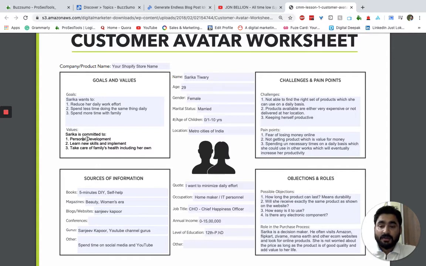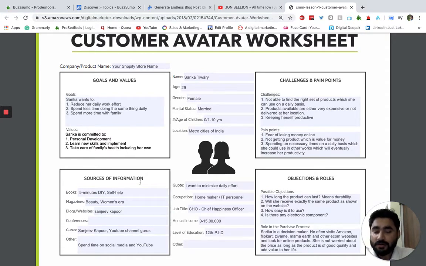Now, what are the sources of information that Sarika is consuming content from? She is reading books like 5 Minutes DIY, do it yourself, or some self-help books. She is reading magazines related to beauty and women's interests.